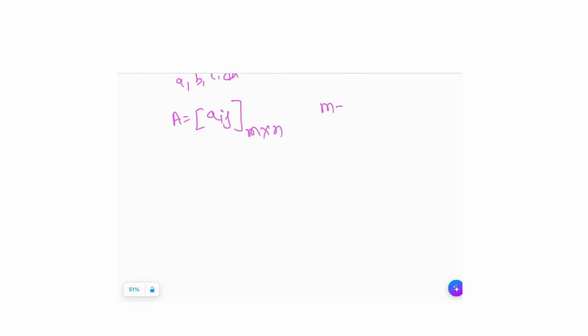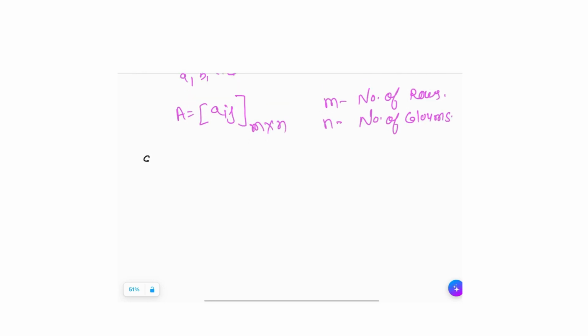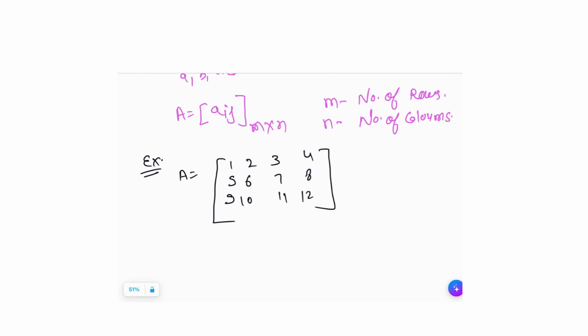m cross n, where m denotes the number of rows and n denotes the number of columns. Okay, now we take an example such that A equals 1, 2, 3, 4, 5, 6, 7, 8, 9, 10, 11, 12. Then our total elements m into n equal 12.